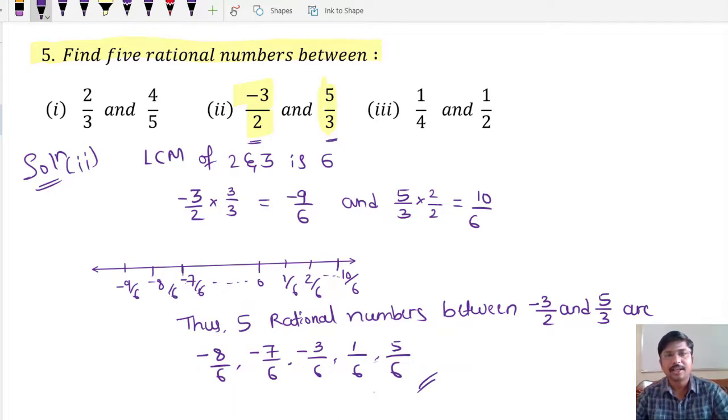You can write any 5 rational numbers between minus 3 by 2 and 5 by 3.